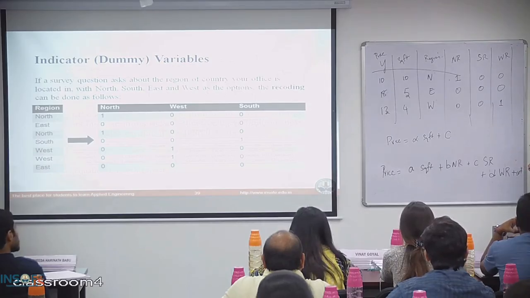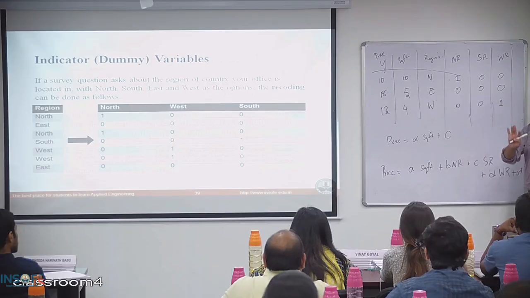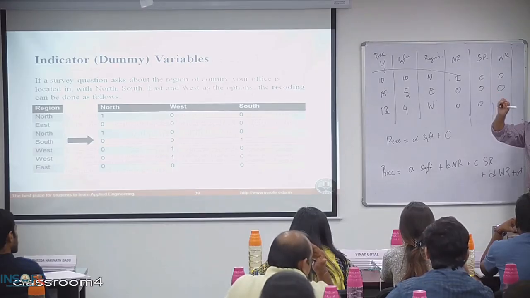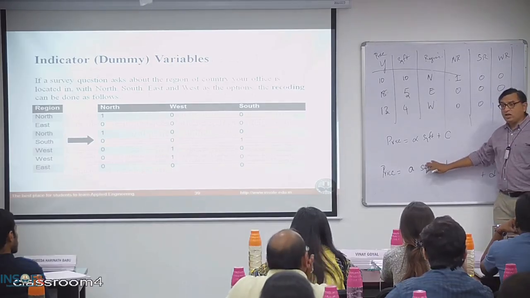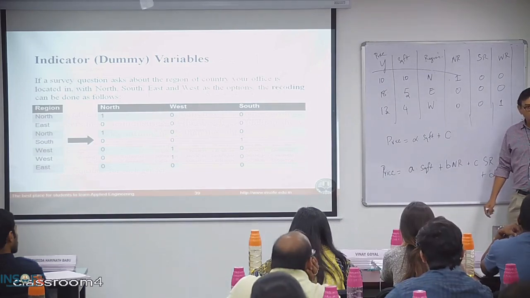Okay, this is what it's going to look like. When we are talking about north, you have a best fit line and you need to make a forecast for a new house whose square footage is given and it's in the northern region. You want to forecast the price of that house, right?